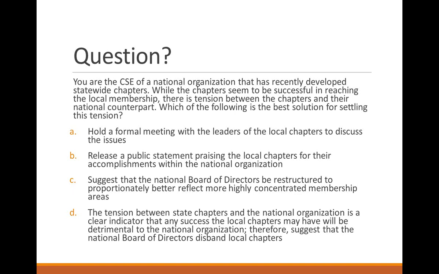You are the CSE of a national organization that has recently developed statewide chapters. While the chapters seem to be successful in reaching the local membership, there is tension between the chapters and their national counterpart. Which of the following is the best solution for settling this tension?